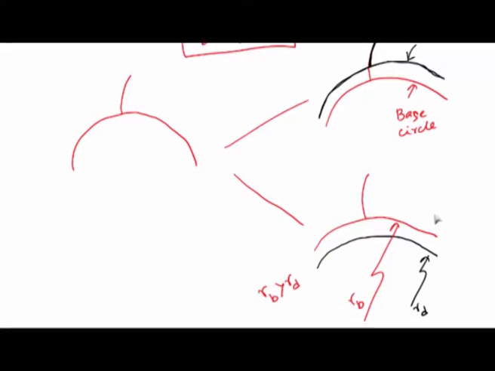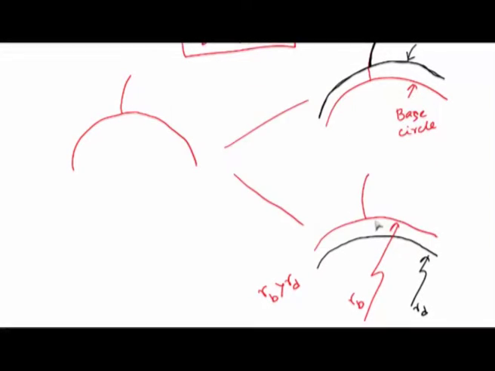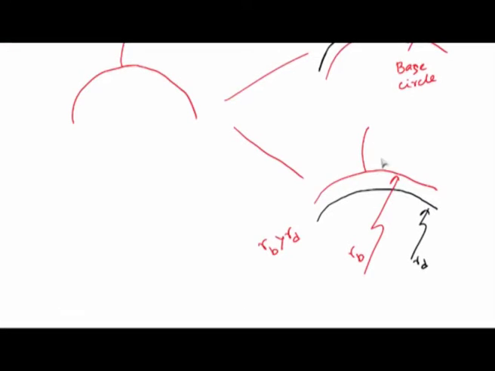The physical construction must be drawn in black, because the base circle is again an imaginary circle which is not seen in the physical construction. In the physical construction you can make out the dedendum. Now the question is, what happens in the part between the dedendum circle and the base circle. Here, as we understand, this portion cannot be an involute by definition, because no portion of the involute can go interior to the base circle.